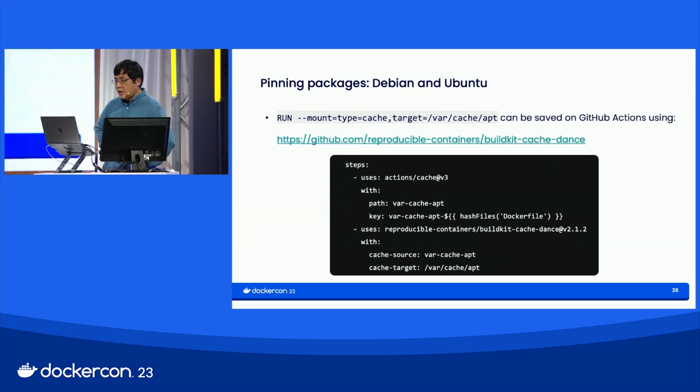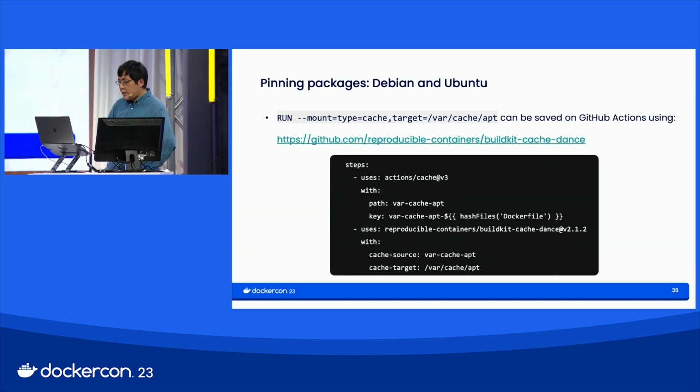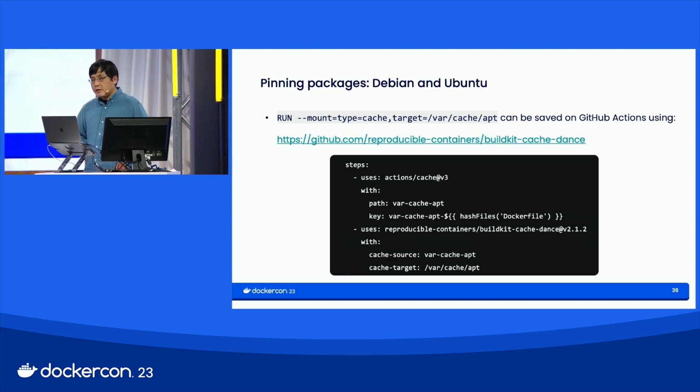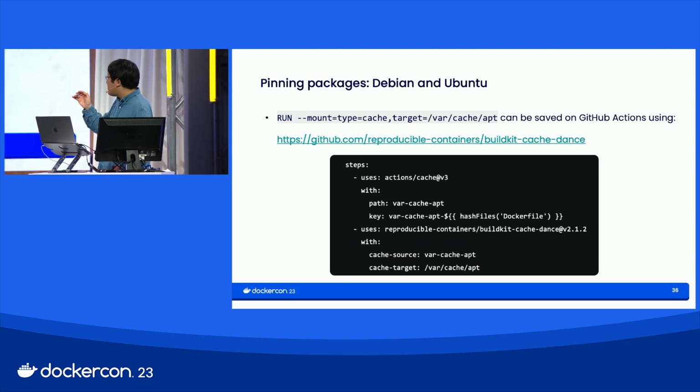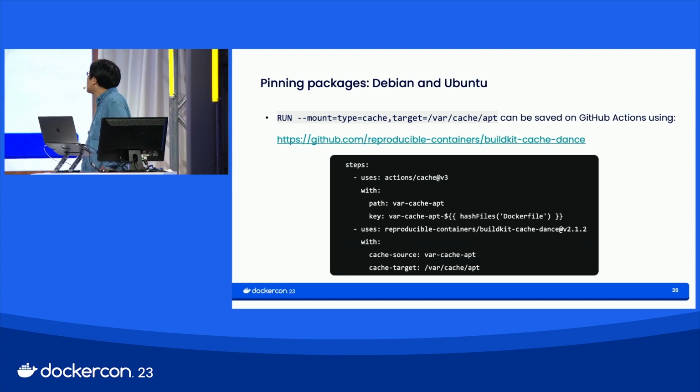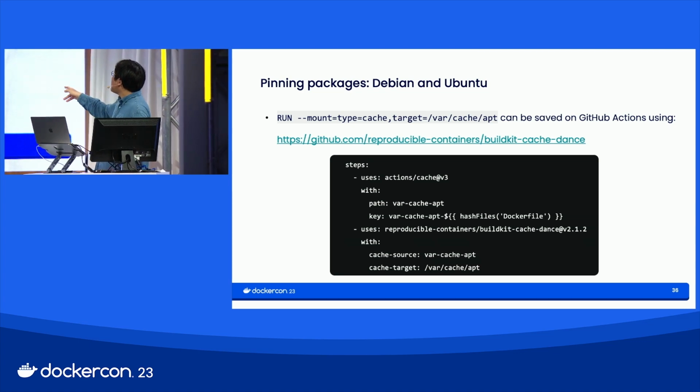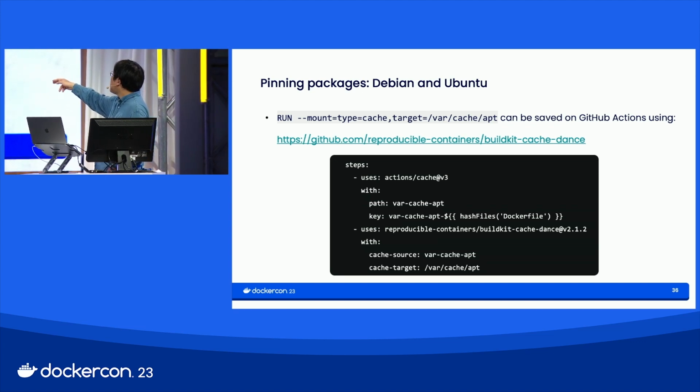And you can also save the cache on GitHub Actions using the BuildKit cache dance action like this. In the GitHub Actions YAML, you specify actions/cache@v3 to create a cache named cache-apt.